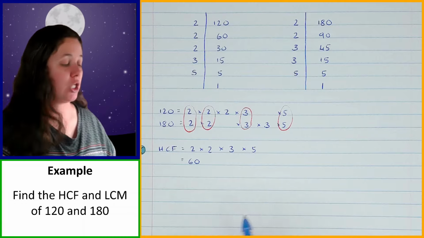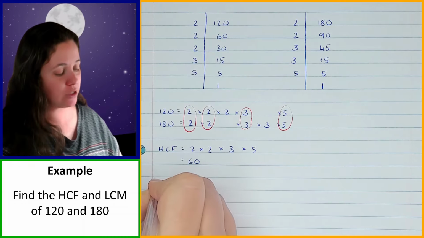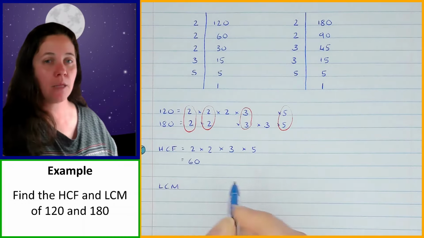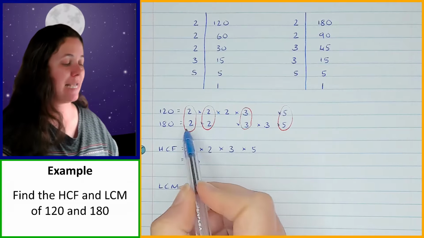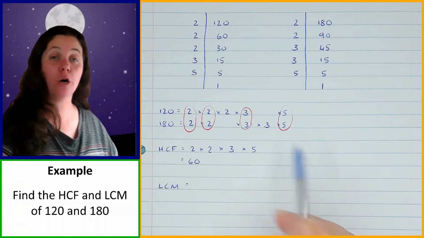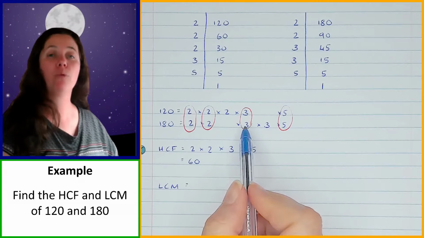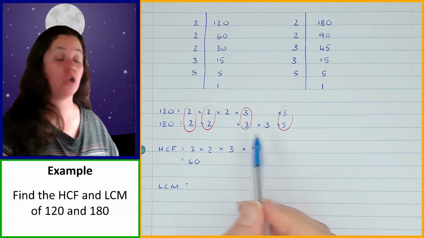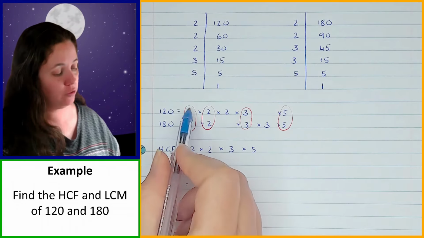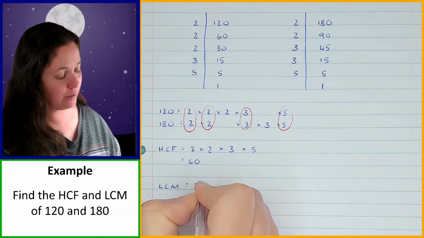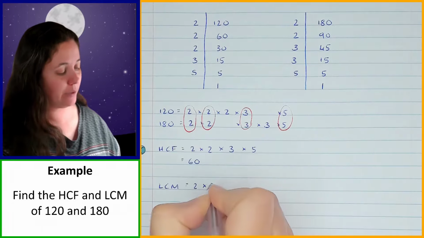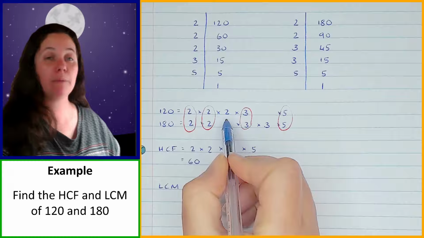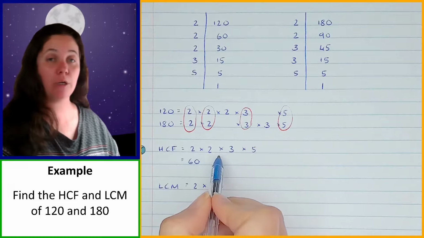Now we're going to find the lowest common multiple. So to find the lowest common multiple, we're going to also take the numbers that were common and write them down once, but we're also going to write down the numbers that aren't common. So I'm going to say 2 over there for that pair, times 2 for that pair. Then I'm also going to multiply by this 2 that I didn't multiply by when I was doing the highest common factor.